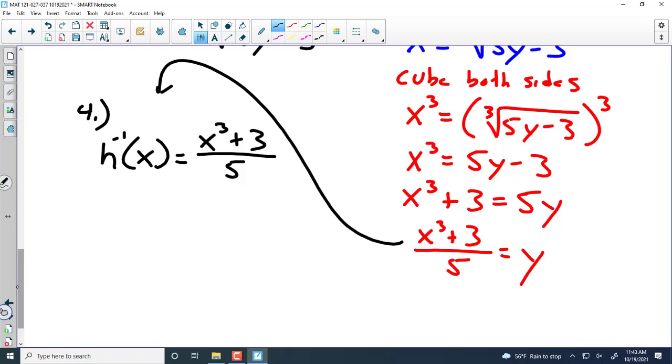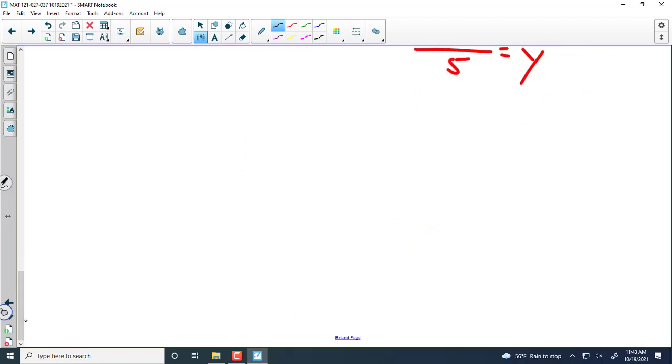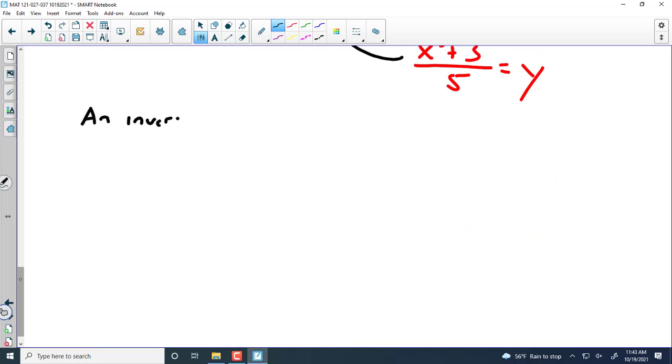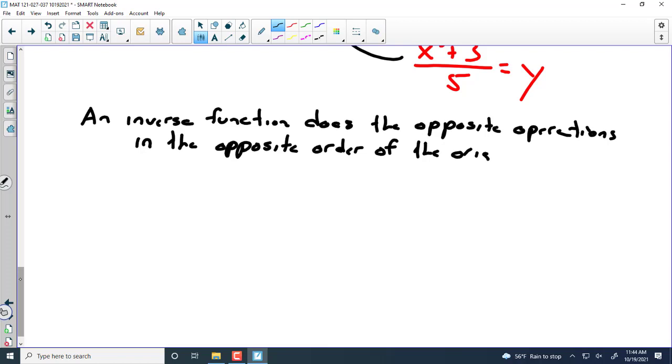So, class, what's interesting about this is there's actually not supposed to be a big mystery to how these inverses work. An inverse function does the opposite operations in the opposite order of the original.